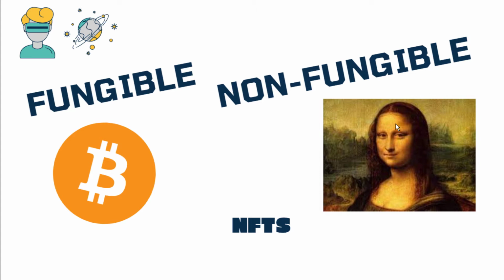NFTs are part of the Ethereum blockchain. Ethereum is simply a cryptocurrency like others that we know, Dogecoin and Bitcoin and more. But the Ethereum blockchain also supports NFTs, which are assets that have extra information.